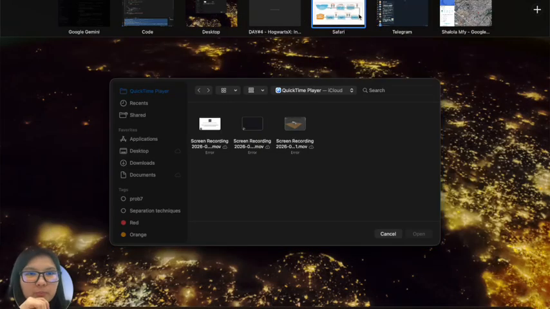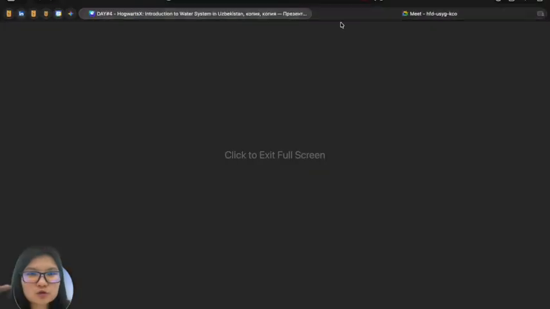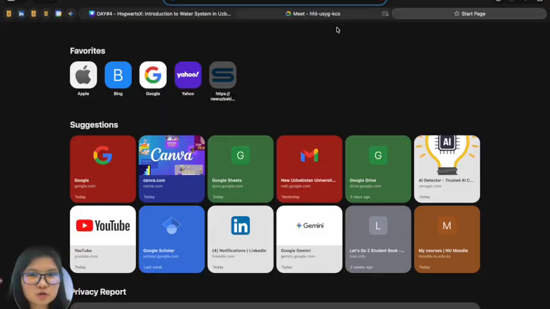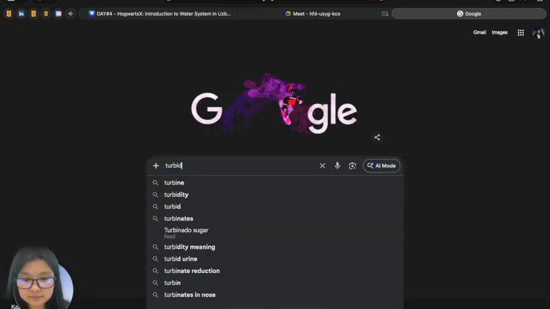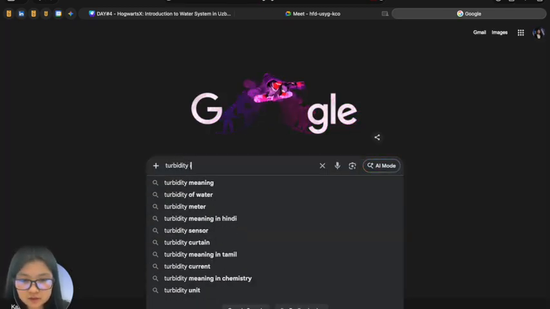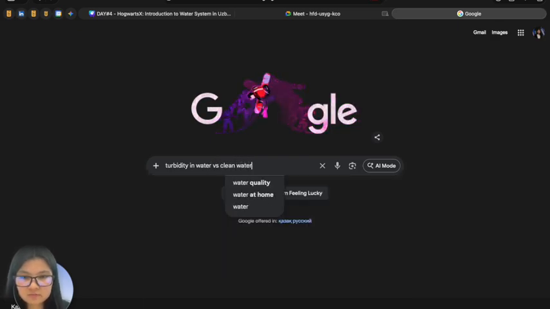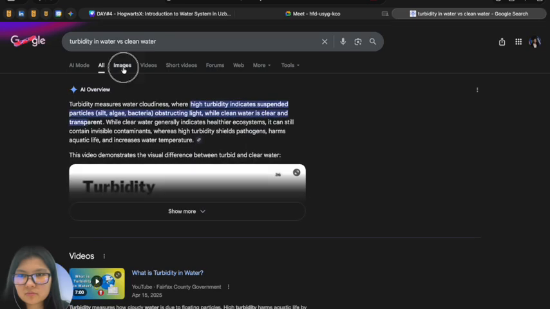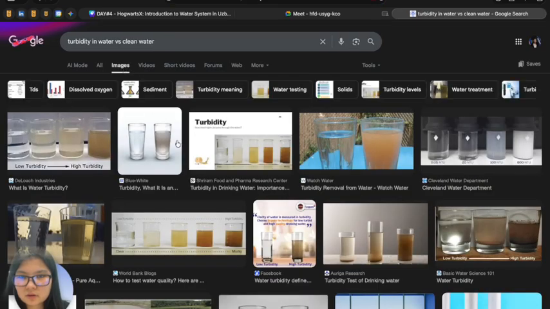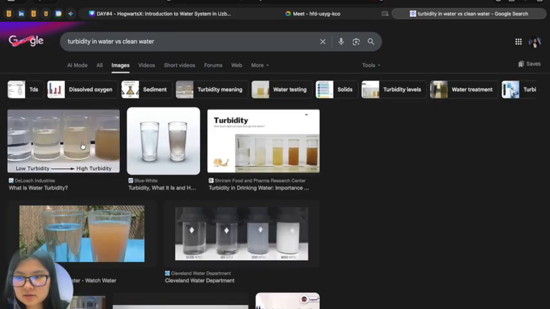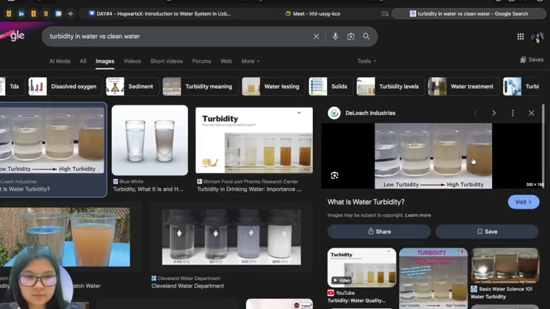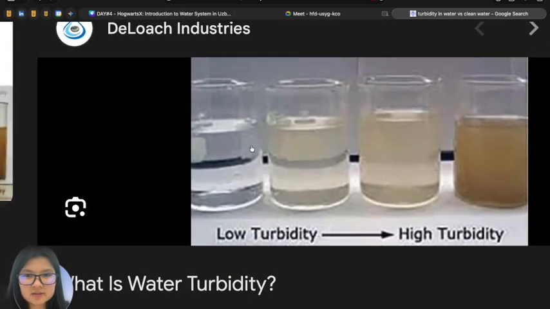For you to be able to imagine what turbidity is, let me show you some images. Turbidity in water. We see clean water. For example, this picture is low turbidity.